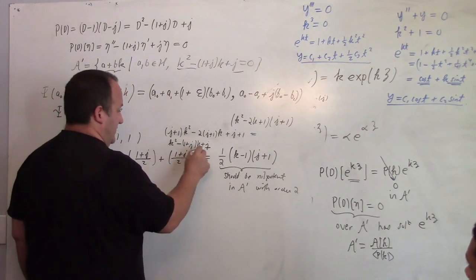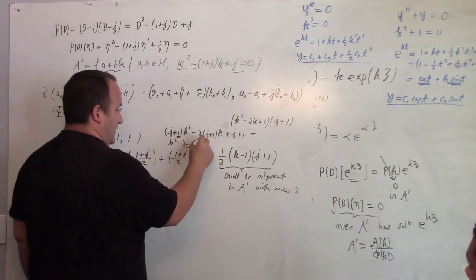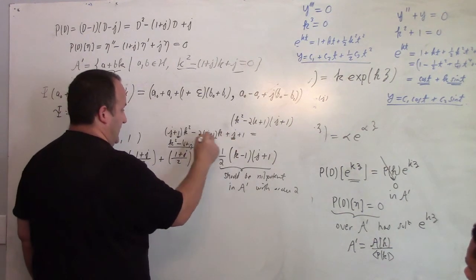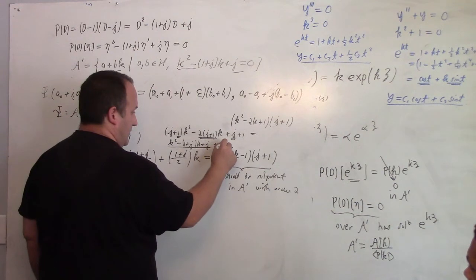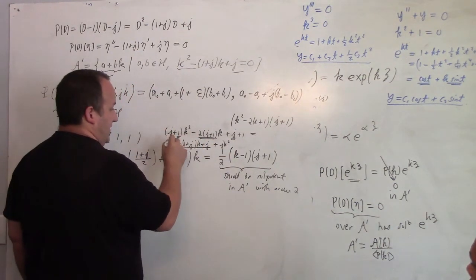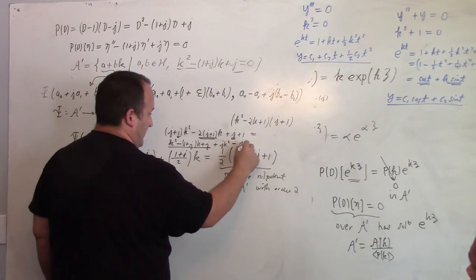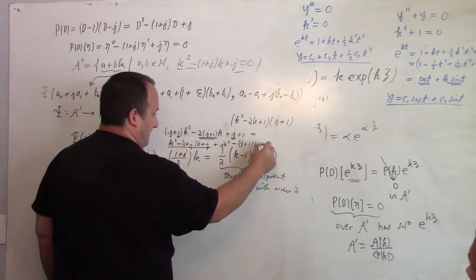Now these three terms I'm getting from this part and this, but I still have plus jk squared, and I still have minus j plus 1 times k, and I still have the plus 1, right?